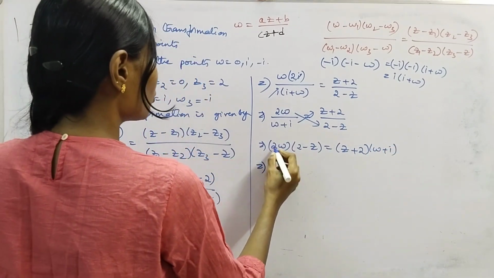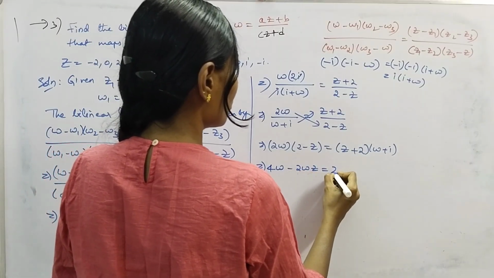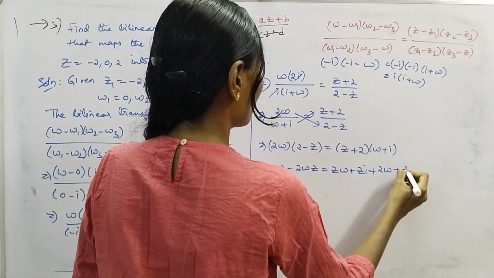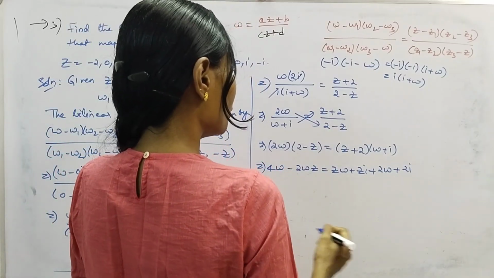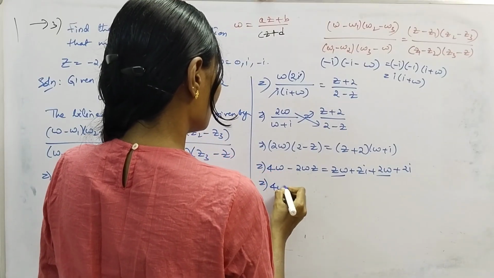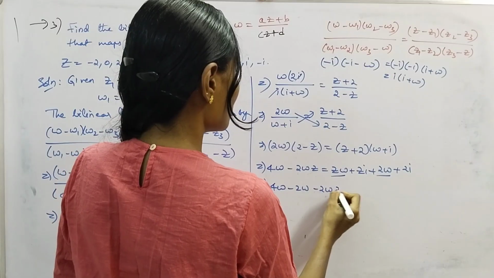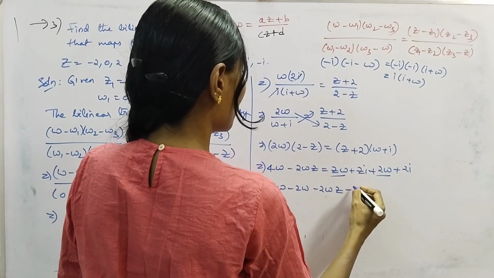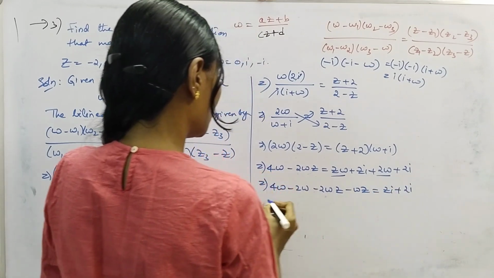Okay, you'll get 4 omega minus 2 omega z equal to z omega plus zi plus 2 omega plus 2i, which gives us, now bring the terms that involve omega to LHS, you'll get 4 omega minus 2 omega minus 2 omega z minus omega z. I'll write this z omega as omega z, okay, equal to zi plus 2i.